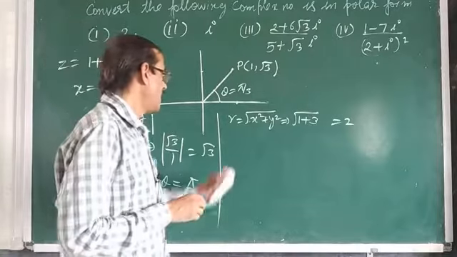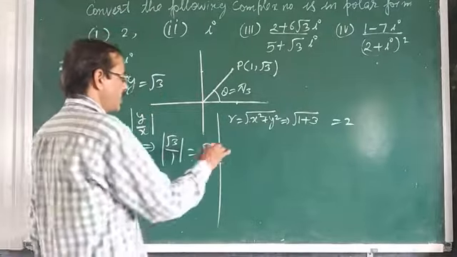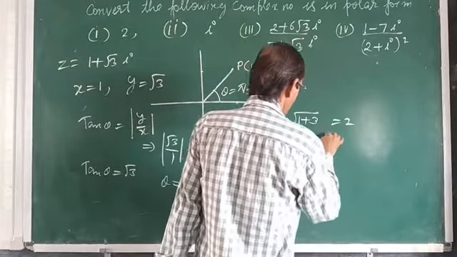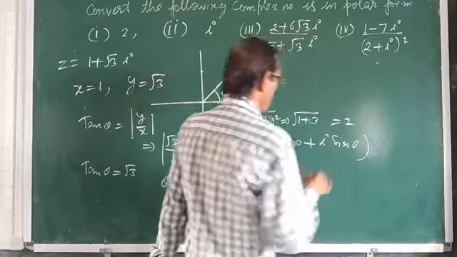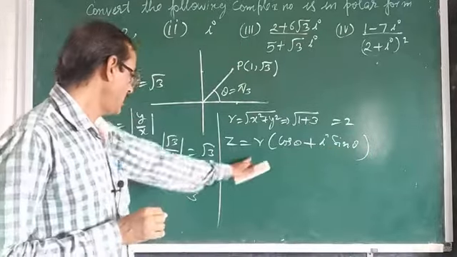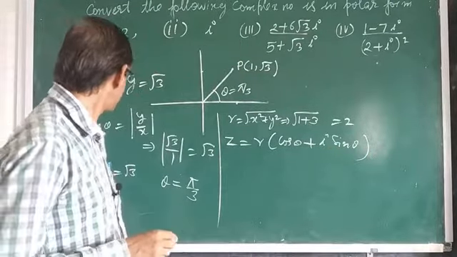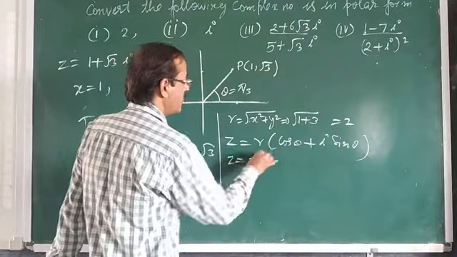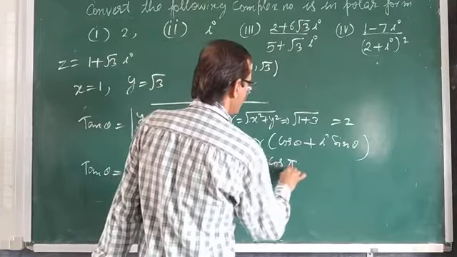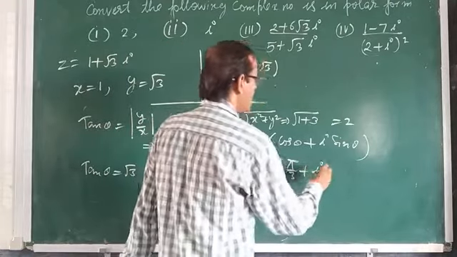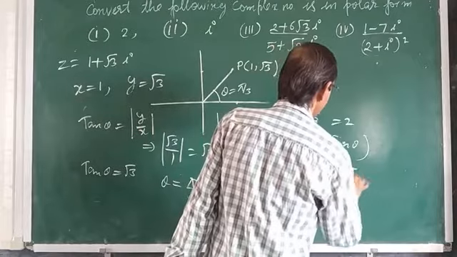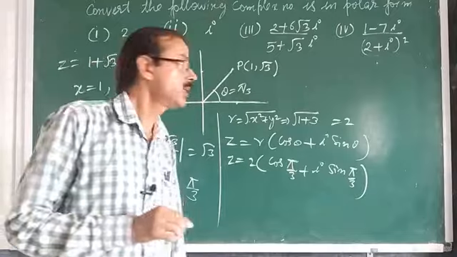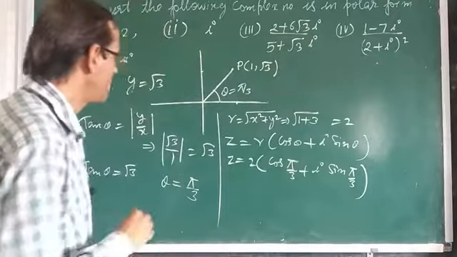So r came and theta came, so we write r into cos theta plus iota sin theta in polar form. Here r is 2, so z is equal to 2 cos pi upon 3 plus iota sin pi upon 3. This is the polar form. This was the third question.